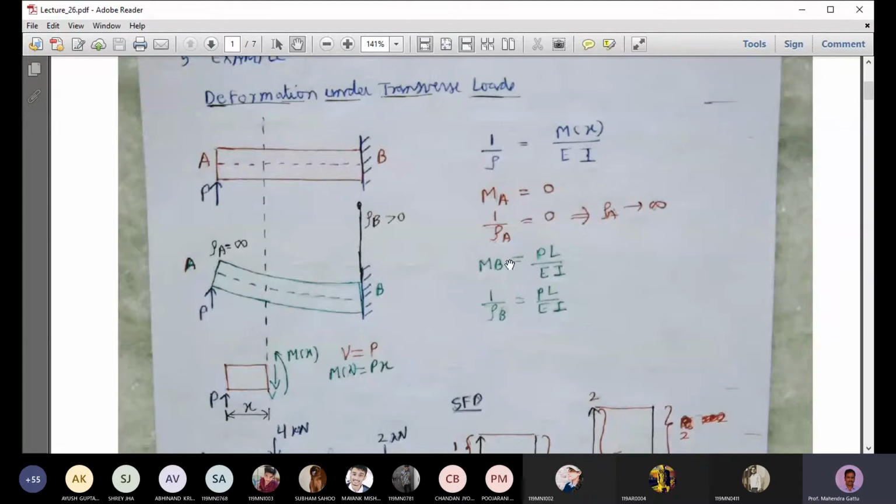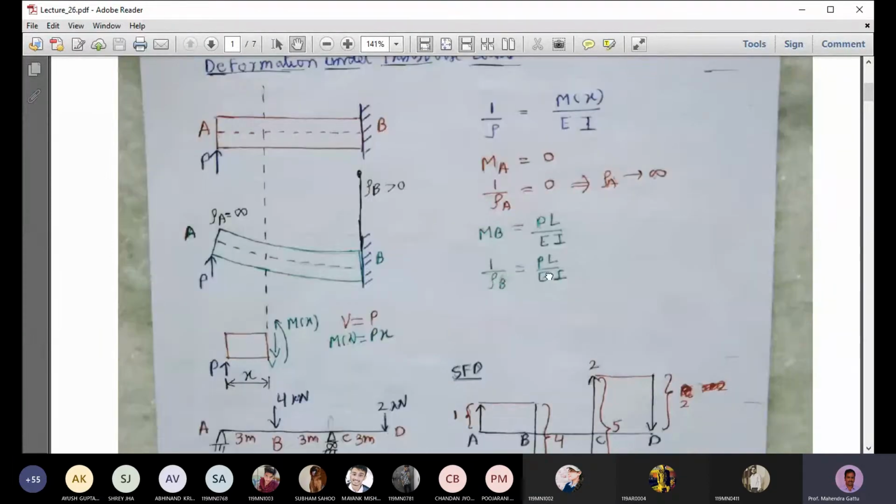You can also calculate the curvature at B. Substituting M B equal to PL, 1 by rho B is PL by EI. Here we have a positive curvature, and we can find rho B by taking the reciprocal of this value. The main thing is that we can relate the radius of curvature rho with the bending moment and the flexural rigidity.